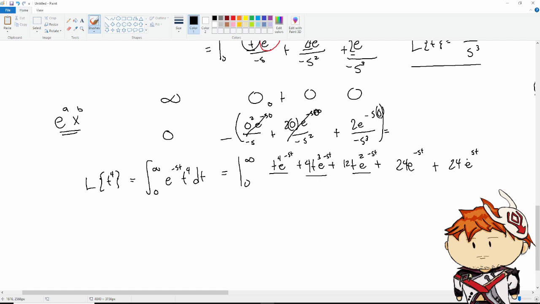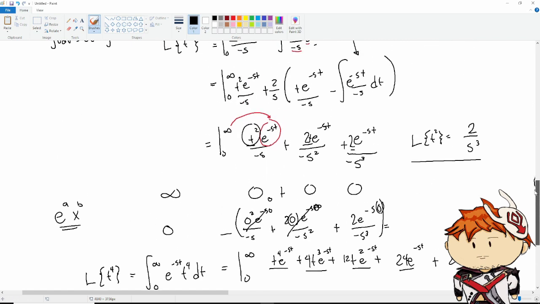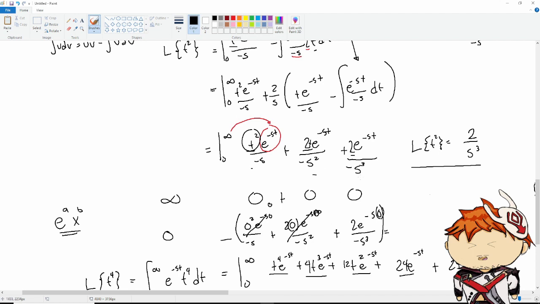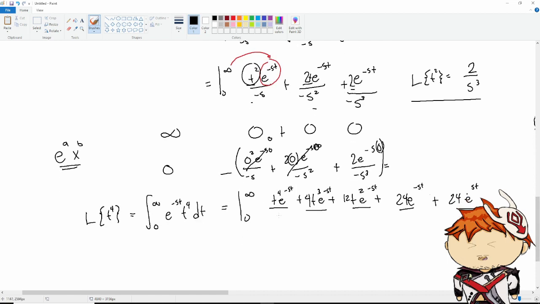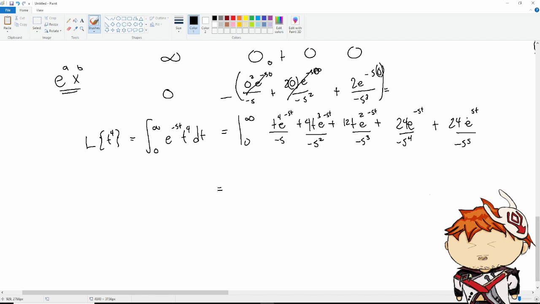Divided by, see the pattern here, negative s, negative s squared, negative s cubed, negative s to the fourth, negative s to the fifth. If we substitute the upper and lower limits, the upper limit gives 0 for all terms at infinity.